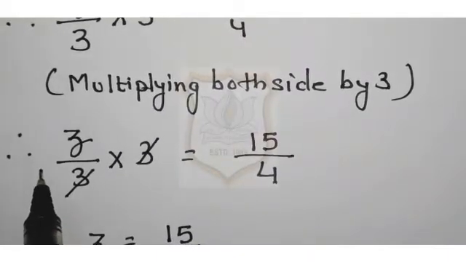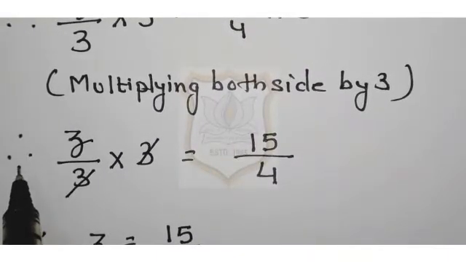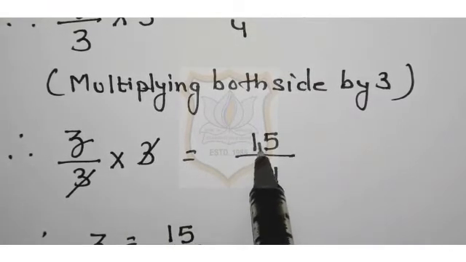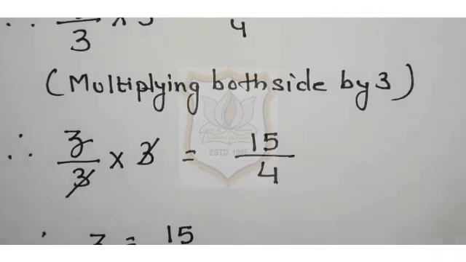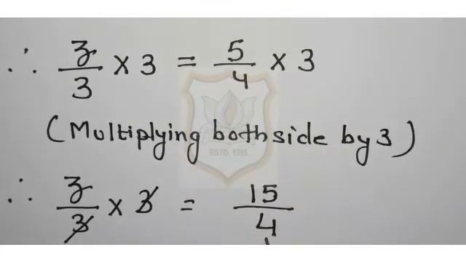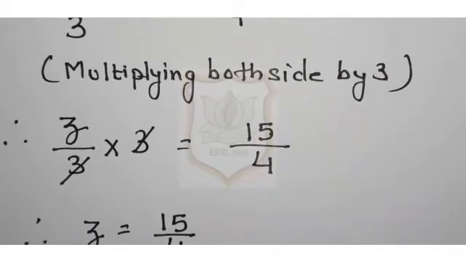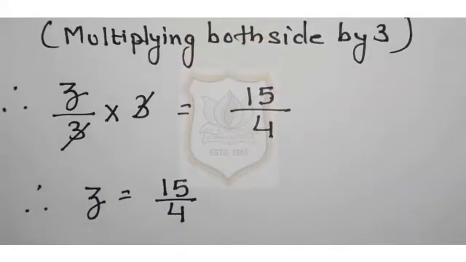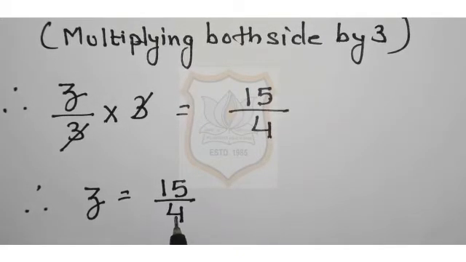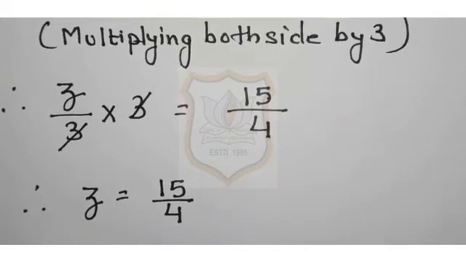Now in this way we can solve the equation. Therefore Z upon 3 cancels, that is equal to 15 upon 4, because 5 into 3 is equal to 15. So the value of Z is equal to 15 upon 4. In this way we can find out the value of Z.